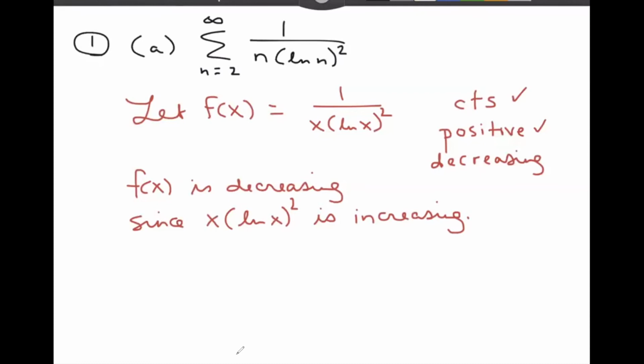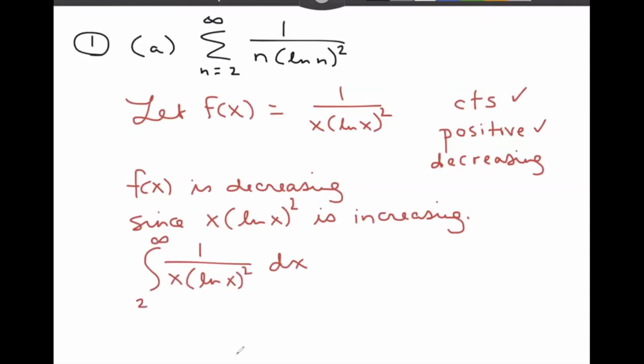And so when you square it, it's still going to be increasing. Excuse me. So all of the conditions of the integral test are met. So now we are going to look at the integral 2 to infinity of 1 over x natural log of x squared dx.